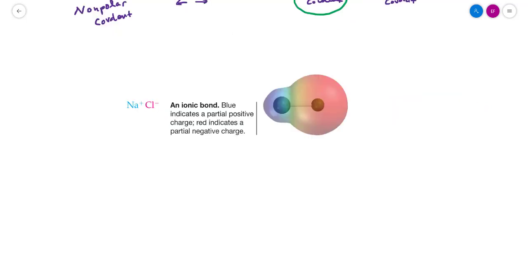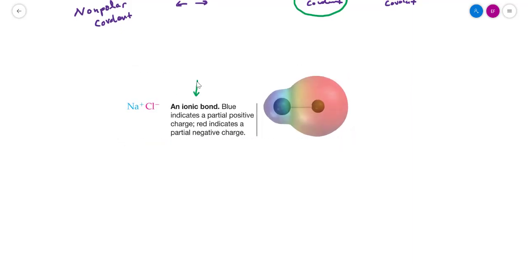So a final and third example would be something like sodium chloride, where you have a true ionic bond, where in this case the sodium gave up its electron to the chlorine atom to make chloride, and now instead of having any shared electrons between these atoms, the chloride now has all of the electrons, and the sodium has given that one up. And so you can see the electrostatic diagram here is really extreme.